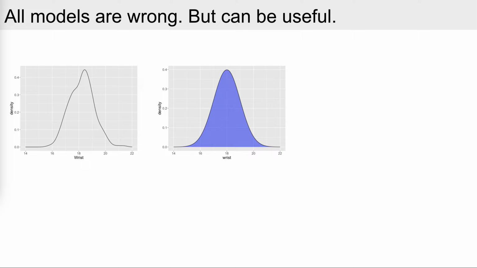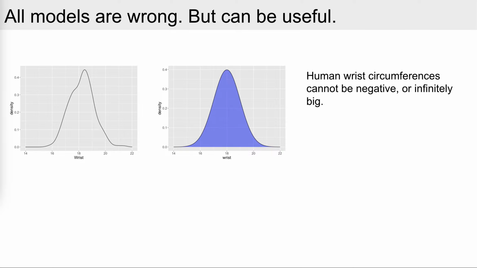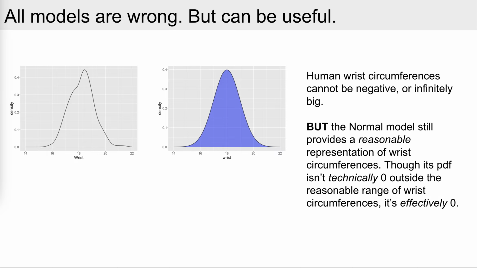Unlike the formal normal model of wrists at right, actual human wrist circumferences cannot be negative or infinitely big. But the normal model still provides a reasonable representation of wrist circumferences. Though its PDF isn't technically 0 outside the reasonable range of wrists, it's effectively 0 outside that range.